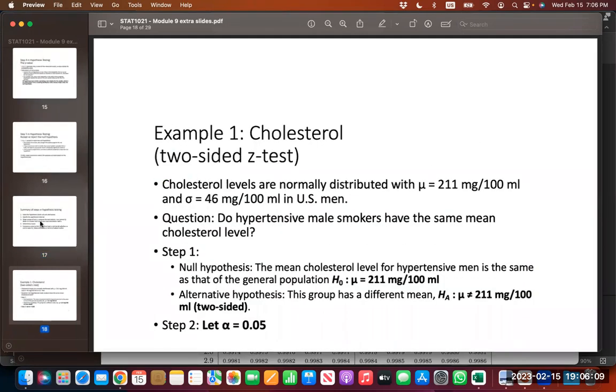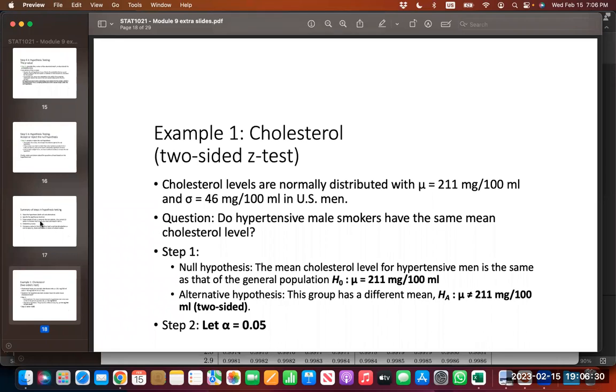And here's the example. I believe in hands-on. So we have our US cholesterol mean of 211. We have a sigma of 46. That's our standard deviation. So now in step 1, we're basically building a null hypothesis.